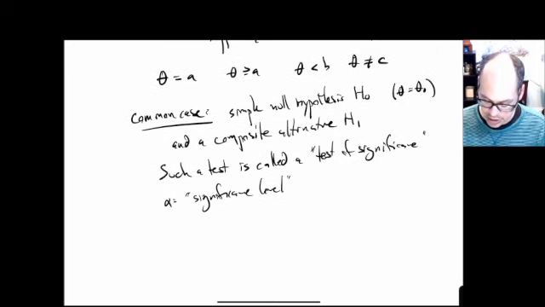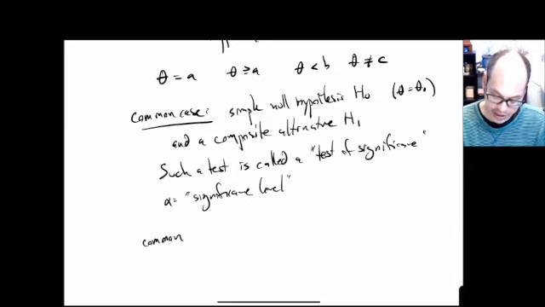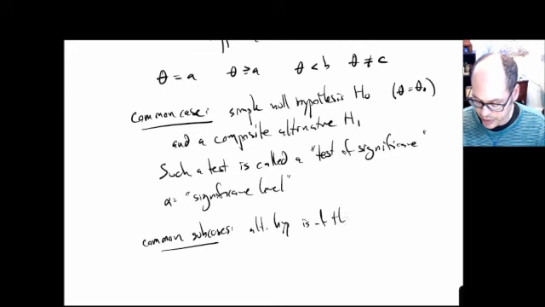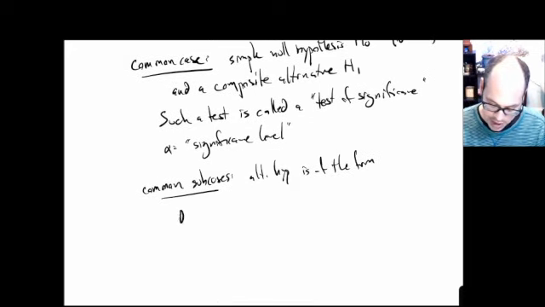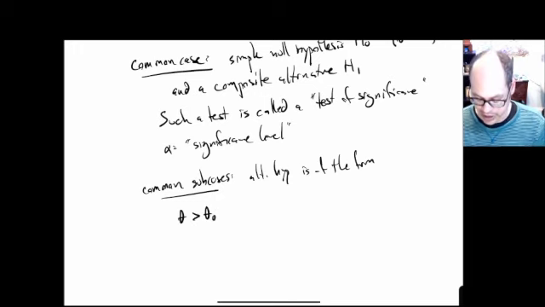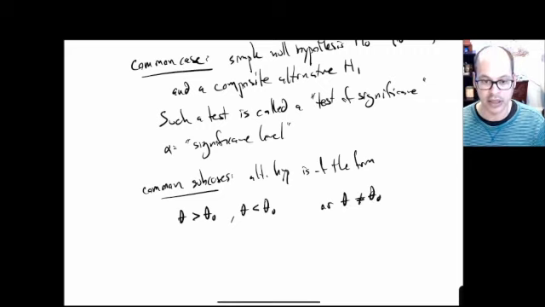More specifically, this composite alternative often has one of the following forms. Common subcases are that the alternative hypothesis is of the form: theta is greater than the value that the null hypothesis specifies, or theta is less than the value that the null hypothesis specifies, or simply that it's not equal to the value specified by the null hypothesis.